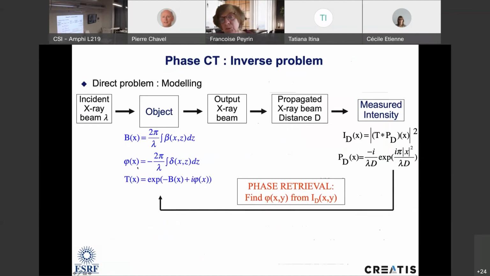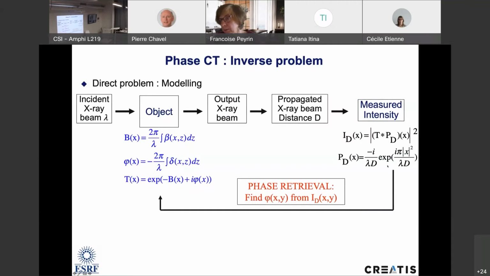And now you have a problem that is more complex. I have no time, I'm afraid, to go into the detail. But what you measure is an intensity, and what you want to recover is this integral of delta, which is hidden in this intensity image.